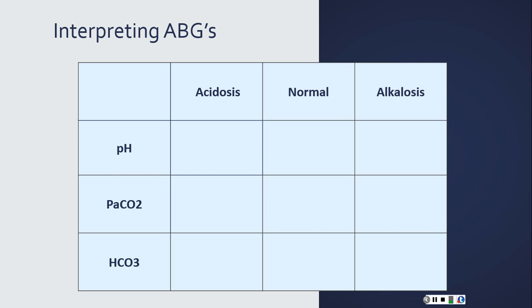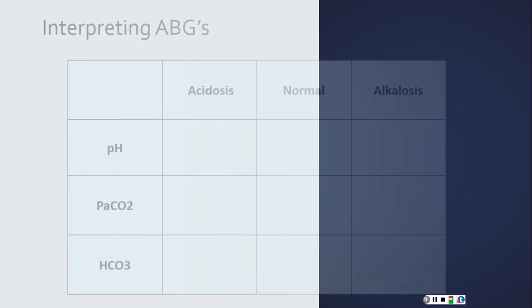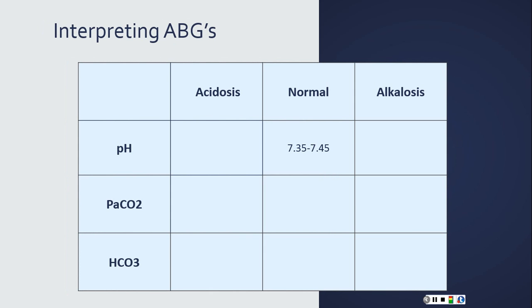This tells us a whole lot about the condition of the patient's respiratory system. Does anybody know what the normal pH of the blood is? There you go, 7.35 to 7.45. That's your normal, typical arterial pH.